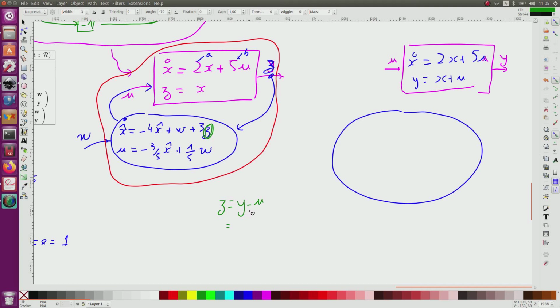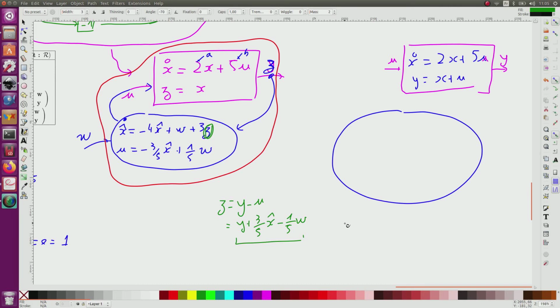So z is equal to y minus u, which is equal to y. So u is equal to this, so I will have plus 3 divided by 5 x hat minus 1 divided by 5 w. So I will replace the z here by that.